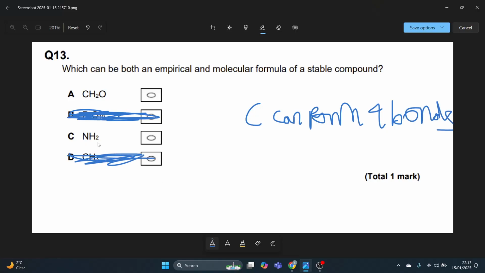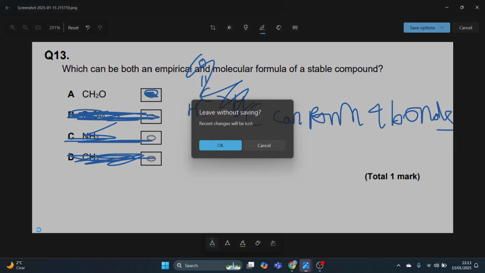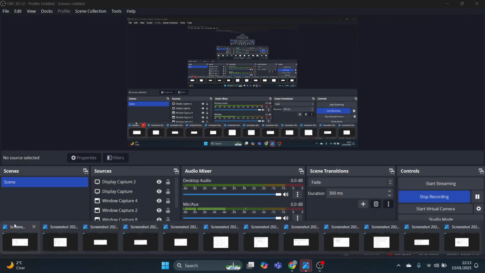Same with NH2, which forms NH3 or the NH4 plus ion. Therefore the answer must be A. And that makes sense because CH2O is a way more stable compound compared to NH2 and CH3.